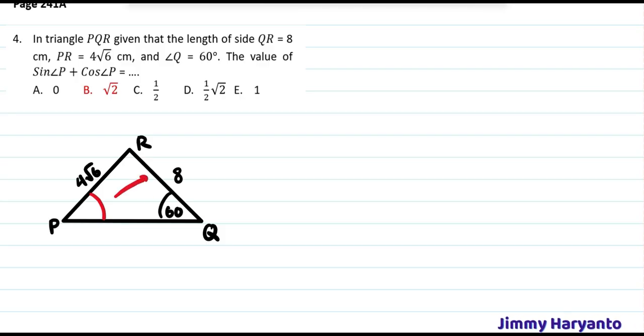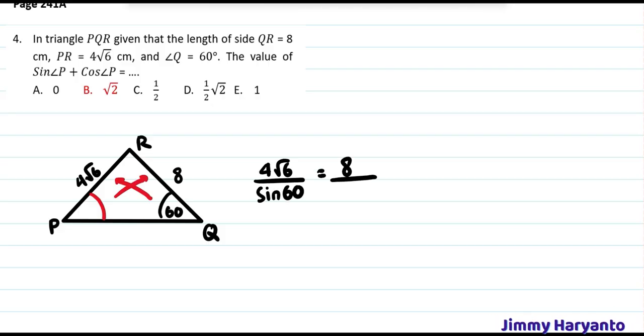That means we have two angles right now, and because we have two angles, we can use the sine rule. So 4 square root of 6 over sine 60 equals 8 over sine P.